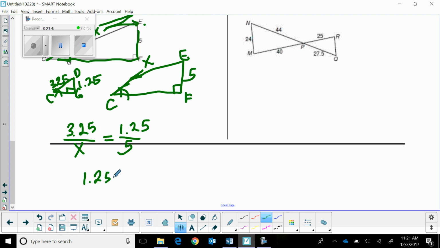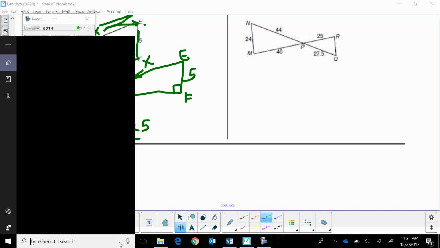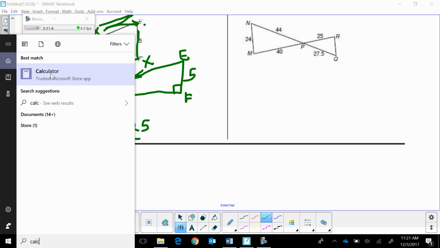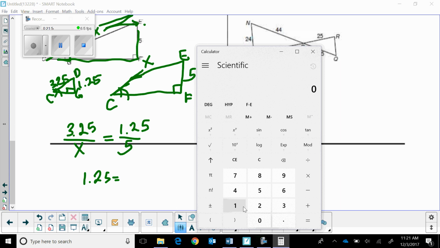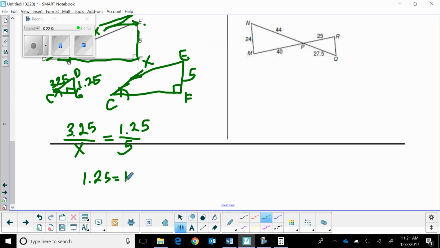1.25x is equal to, grab my calculator, 3.25 times 5, that's going to give me 16.25, oh, and this should have an x with it, and then we're going to divide by 1.25.